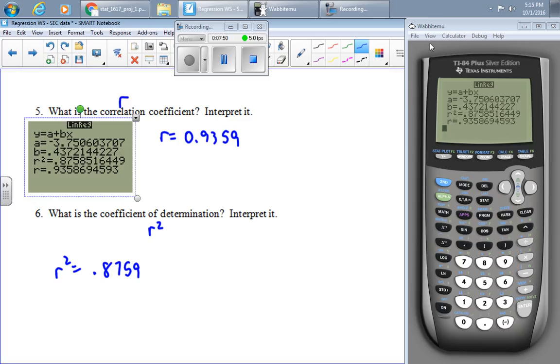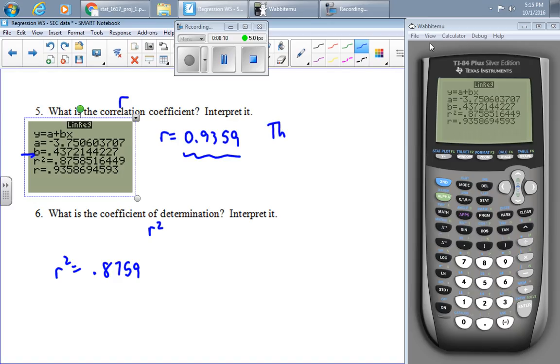Now the correlation says if the data are linear, this is a measure of how close to the line those points are. It's very close to 1, so it indicates that the points are really close to a straight line. The fact that it's positive tells me the slope is positive, just like I saw when I looked at the slope.